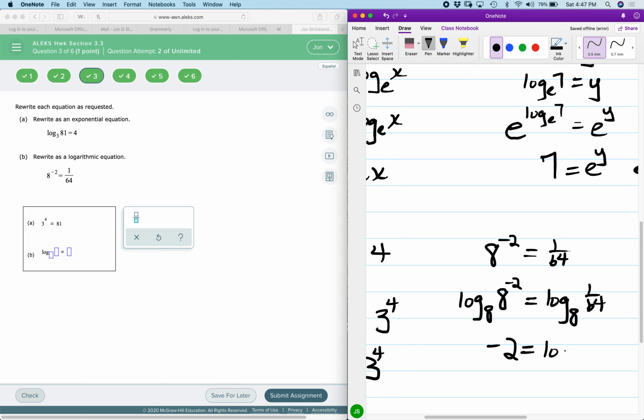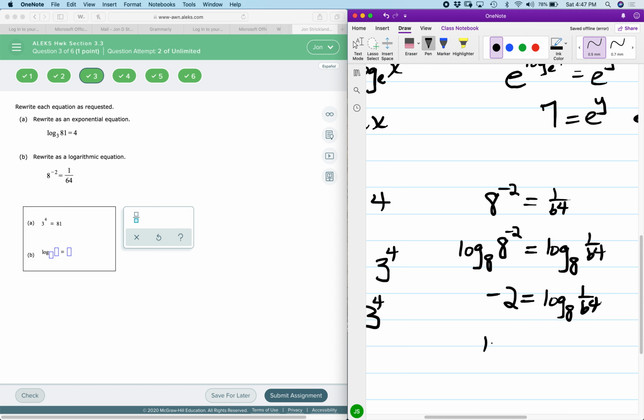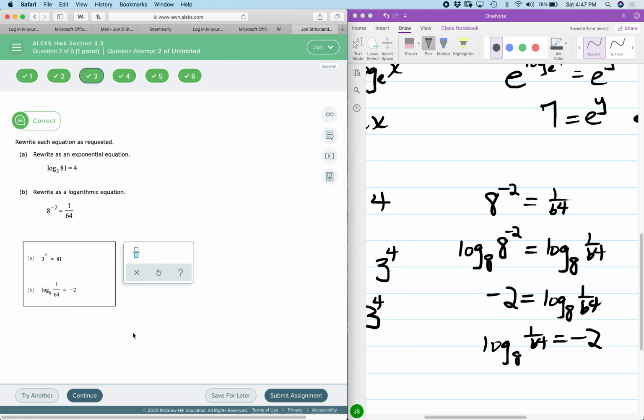We have negative 2 is equal to the base 8 logarithm of 1/64, or equivalently, the base 8 logarithm of 1/64 is equal to negative 2. Checking, for the end result, that is correct.